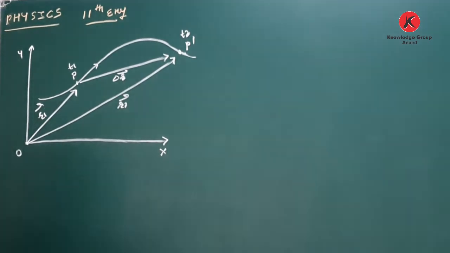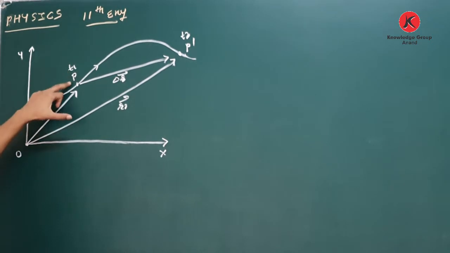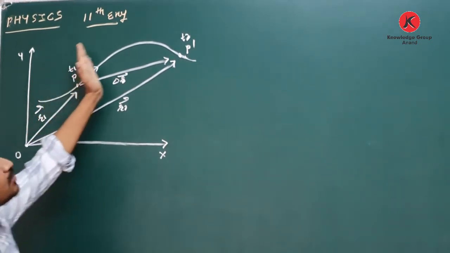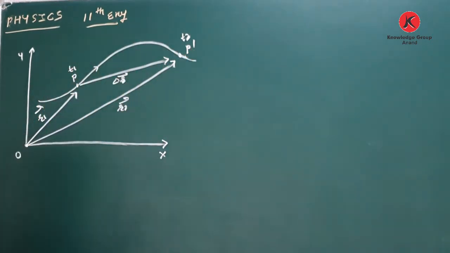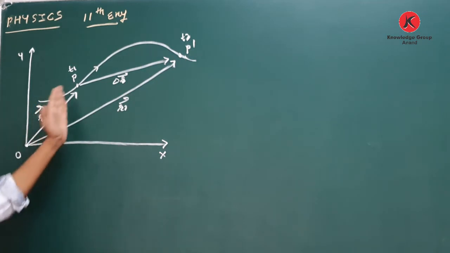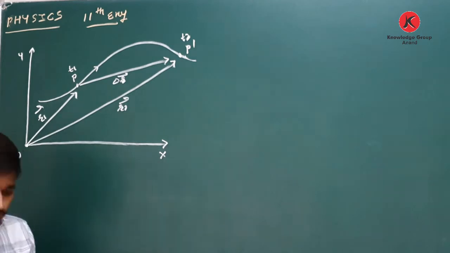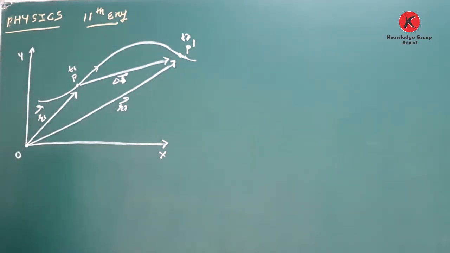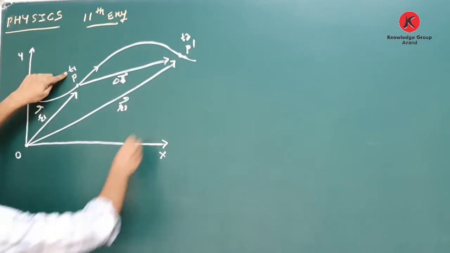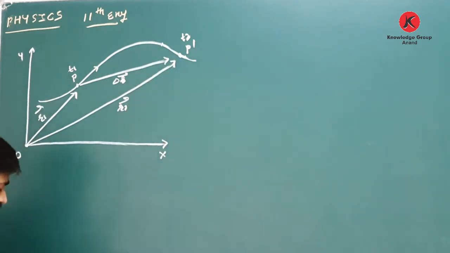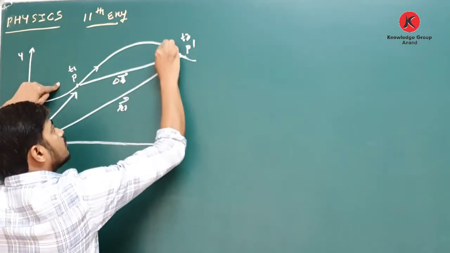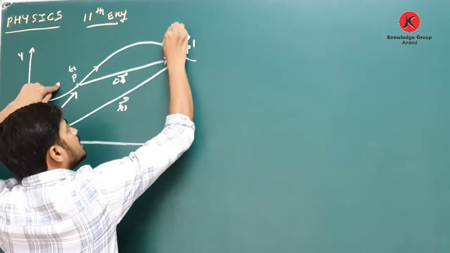Now, if we decrease the time interval, see, initially at time t1, the particle is at point P. Then at time t2, it is at point P dash. Now, if I take a smaller time interval, then obviously, with the initial position at point P at time t1, after some time the particle will be here at point P double dash.